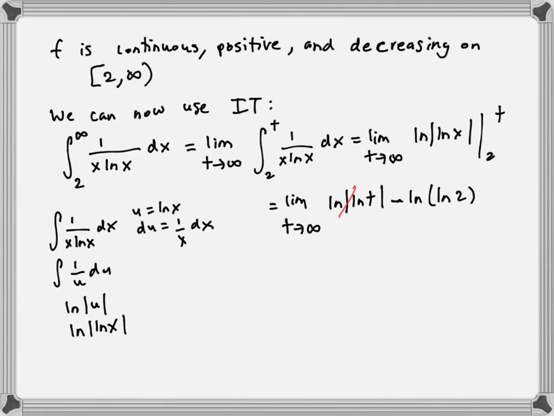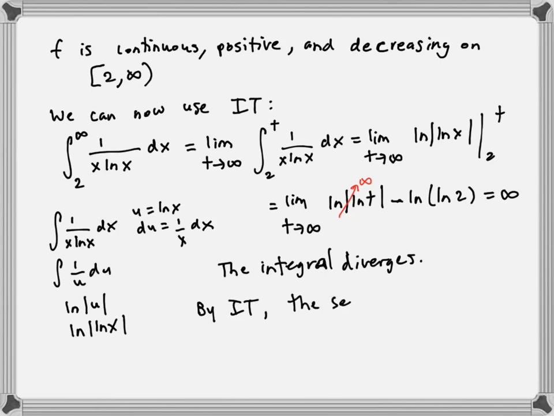Then this guy goes to infinity, doesn't it? So this whole thing is equal to infinity. So this means the integral diverges again. So by the integral test, this series also diverges.